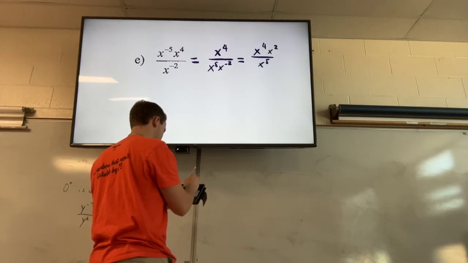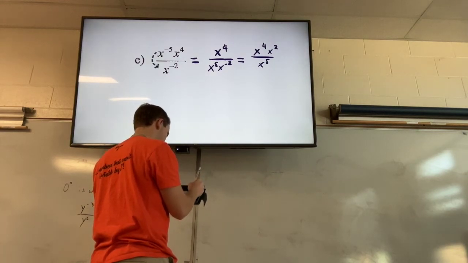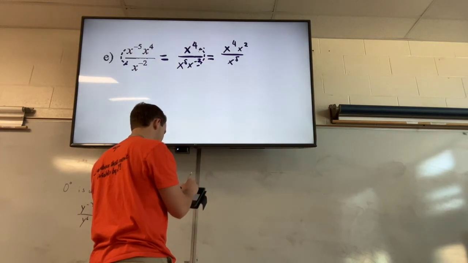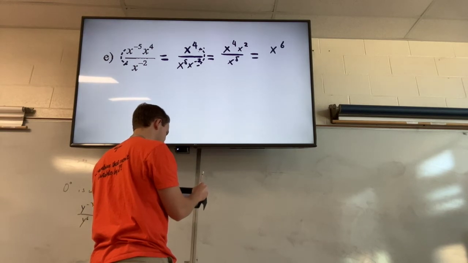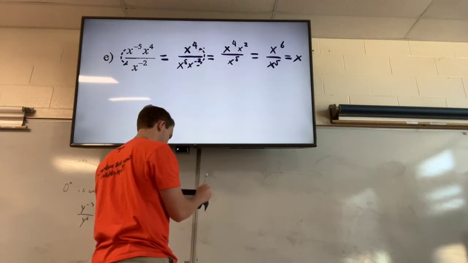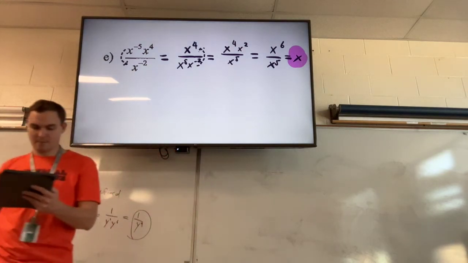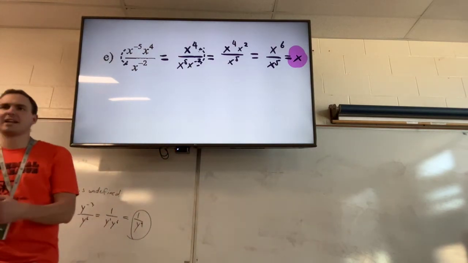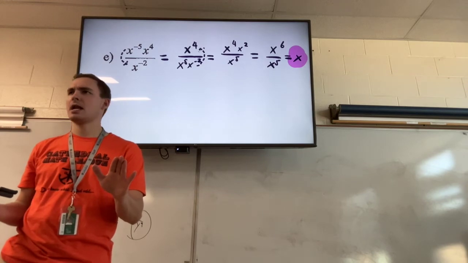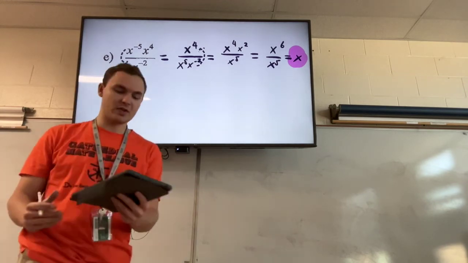So we move this down, then move that up. Then it would become x to the 6th over x to the 5th, or x. Right, you guys see that? Is that confusing, how I just did that? Okay, cool. You could do it that way.